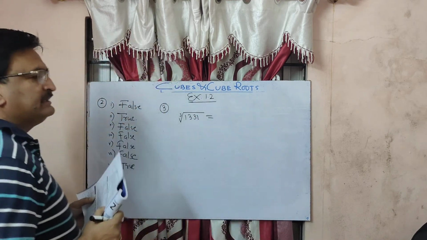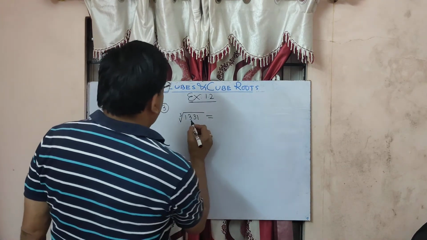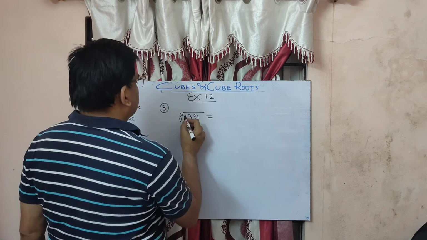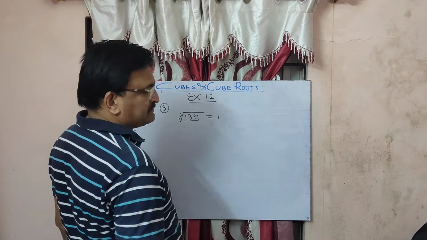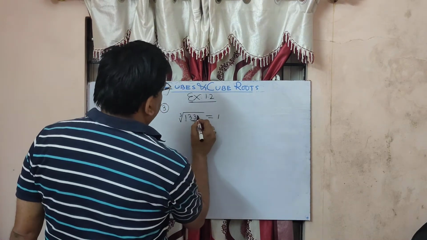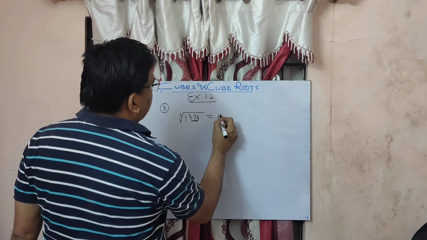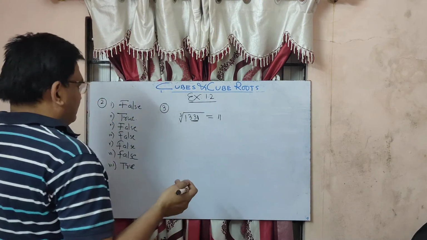I told you the other method to find the cube root. Again grouping here, this is near to 1, and 1 cubed is 1. The last digit is 1, so it should be 1 only. The cube root of 1331 is 11.